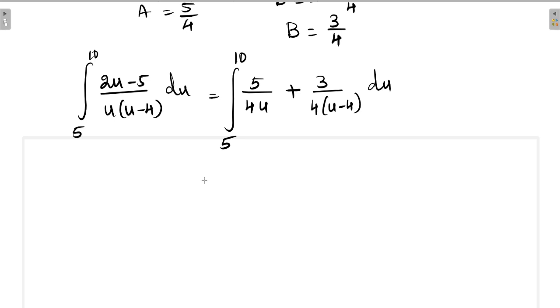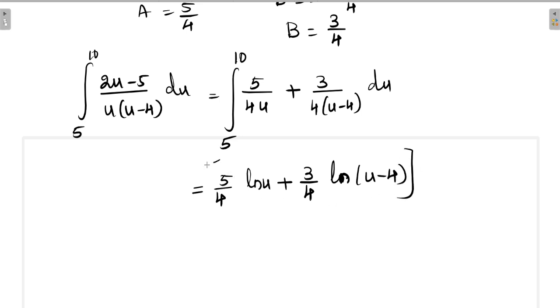Now we can integrate 5 by 4 as the constant. 5 by 4 into 1 by u, the integration is ln u, plus 3 by 4 integration of u minus 4 denominator, ln u minus 4, to the limit 5 to 10.